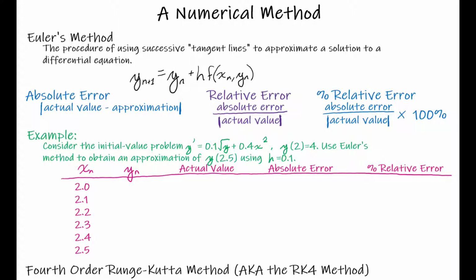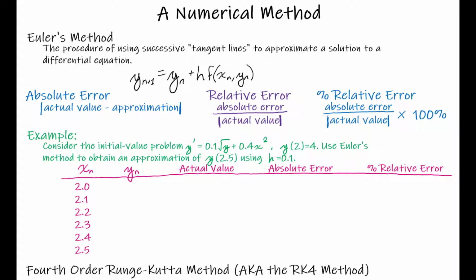So again, absolute error is the absolute value of the actual value minus the approximation. And we then get to talk about relative error. Relative error is simply the absolute error divided by the absolute value of the actual value. And sometimes we would like that given as a percent, so we multiply it times 100% to give us the percentage relative error.